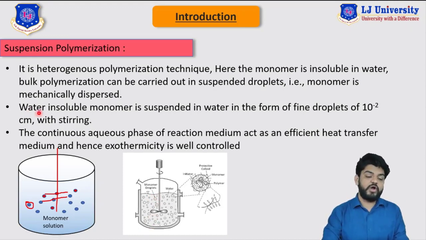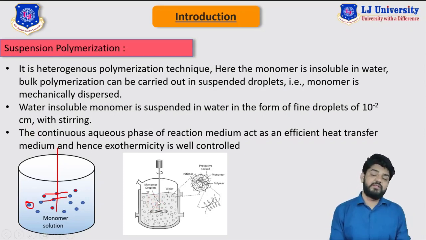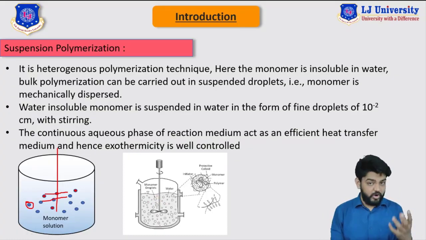So the water insoluble monomer, which we initially take, is suspended in water in the form of fine droplets of 10 raised to minus 2 centimeter. You can see these droplets have a diameter of 10 raised to minus 2 centimeter, and they are very much insoluble in the water. This is why they create droplets and are in suspension form.